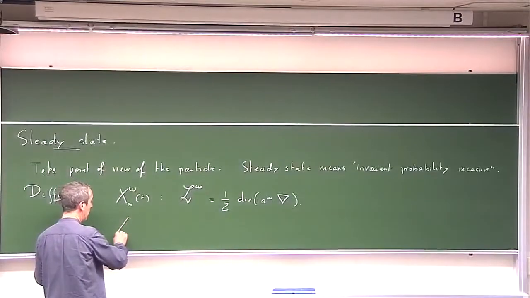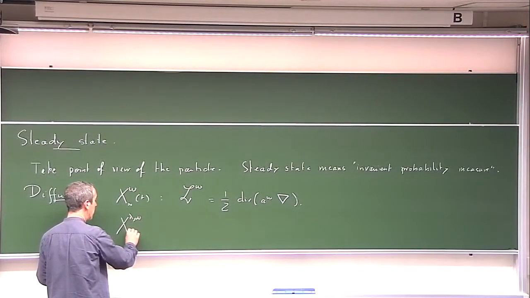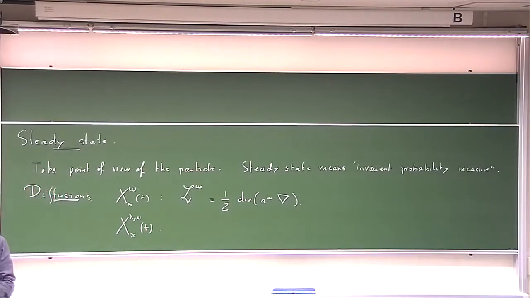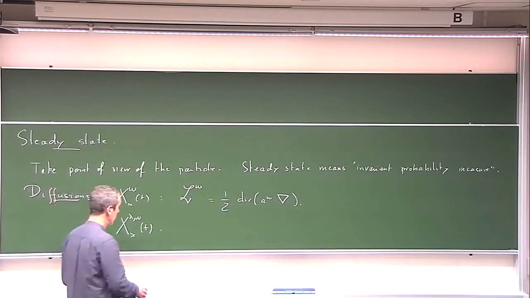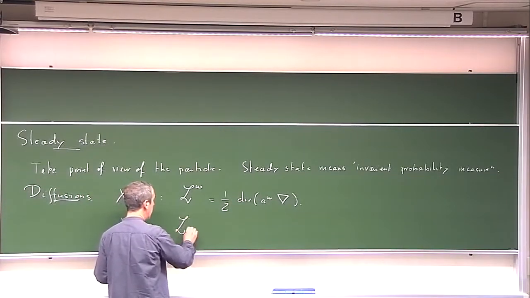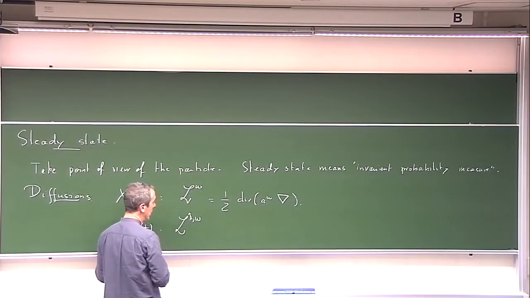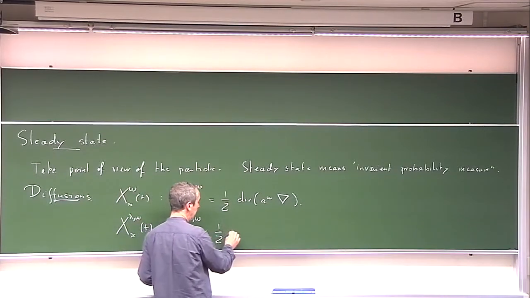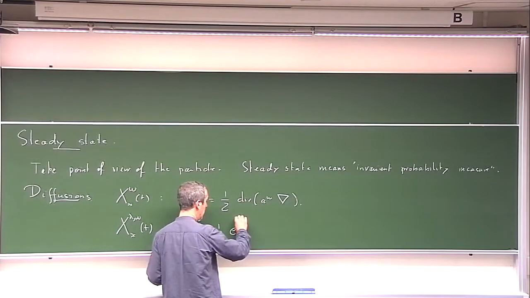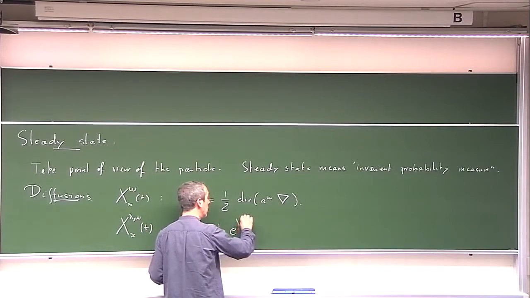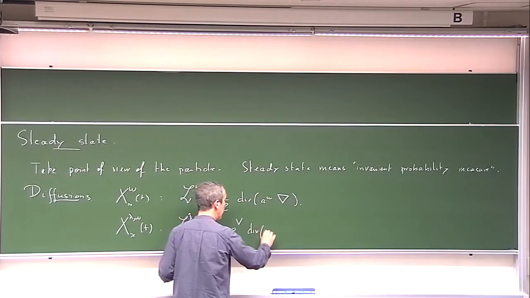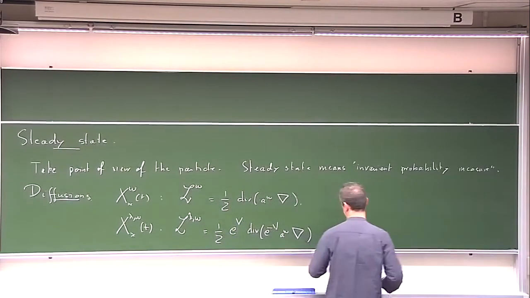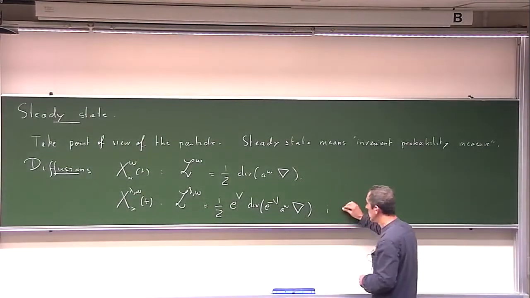And I also had this X^{λ,ω}, which is the one that we obtain by putting a constant force in the direction e1, and the generator of this process has this form: 1/2 e^v div e^{-v} A(ω) grad, where v is the force that we apply.